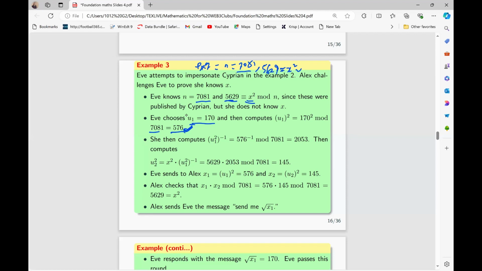That inverse is 2053. She calls this inverse x2, and the square, which is 576, she calls x1.